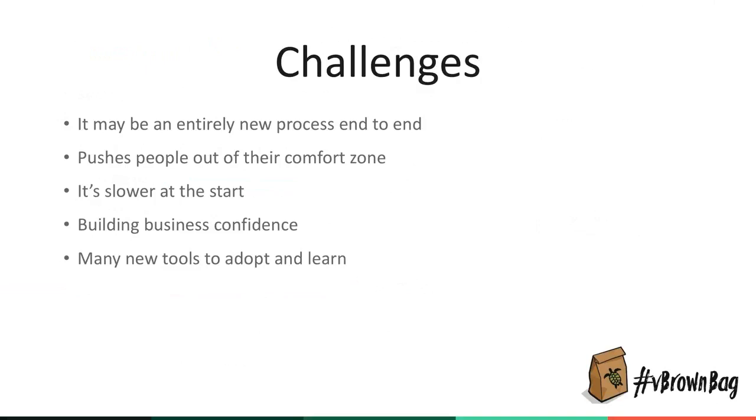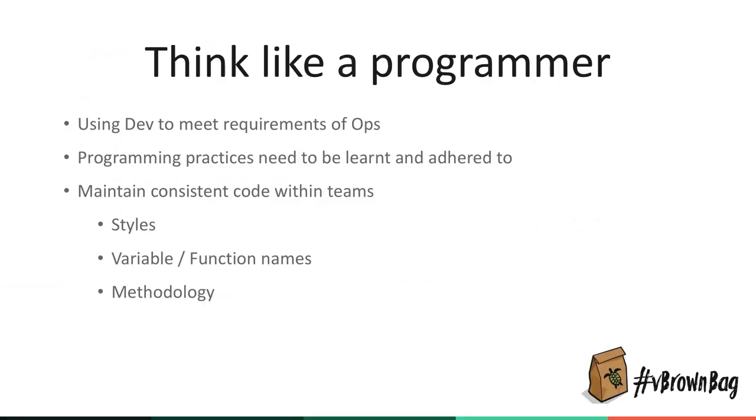Oh, and also, not every tool in this area is always the right tool for every job. So it's hard sometimes to work it out until you actually just try it. Because we're dealing with code, there are a lot of programming practices that need to be adopted, and there's more dev in here than there is ops, especially when you're coming from an operations point of view.